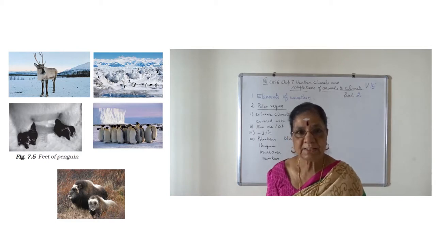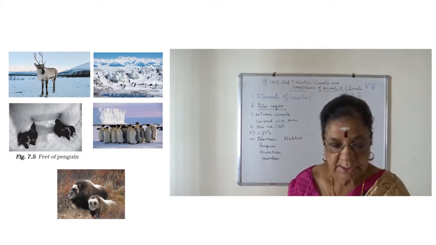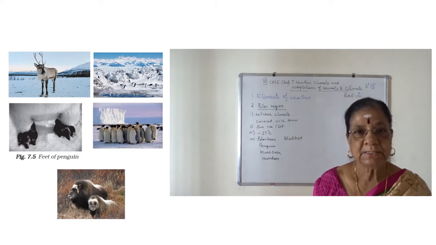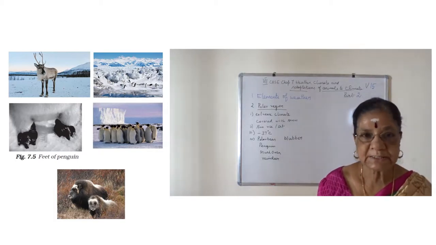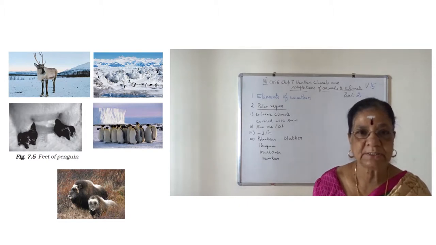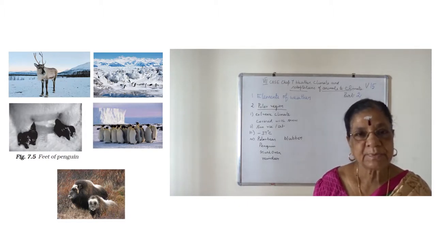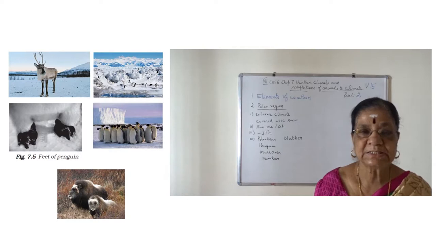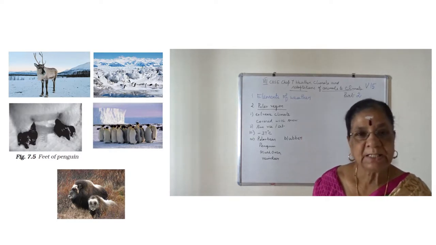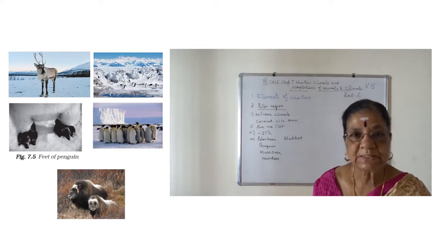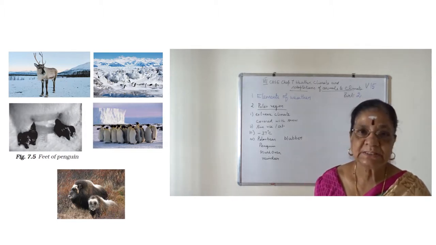Penguins can drink seawater, and they have special glands near the beak that help to excrete excess salt. Because it drinks seawater, the salt will be excreted through the special glands present in the beak of this penguin.